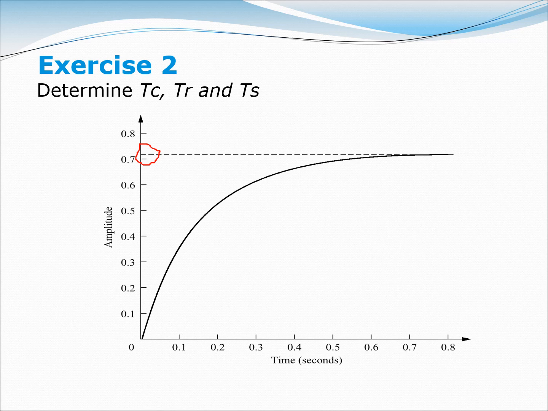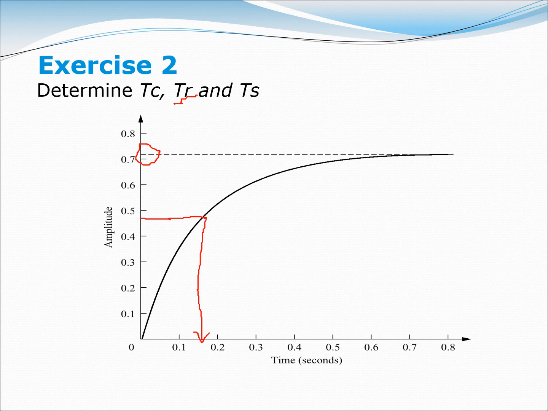After that, you can project from this 63% to the response and then go downward to the time. Then you can find the Tc, or time constant.